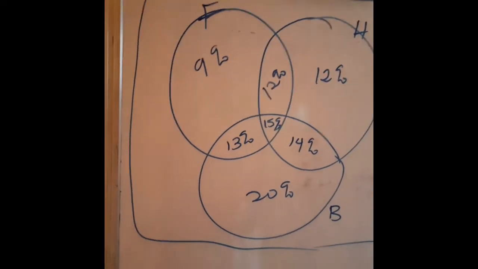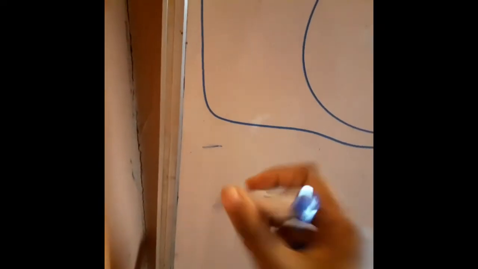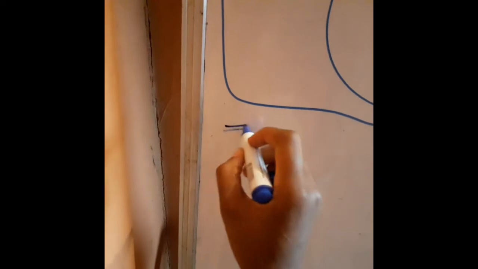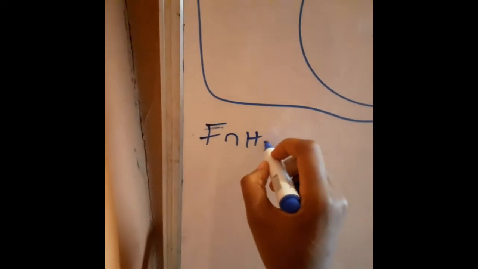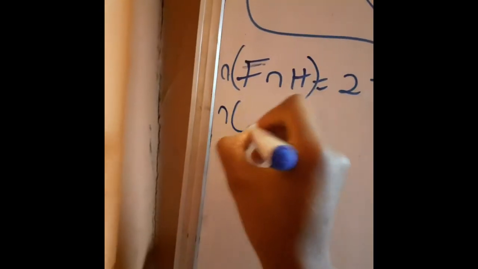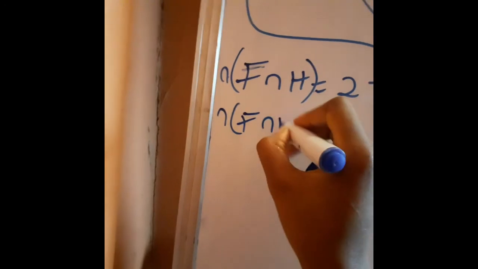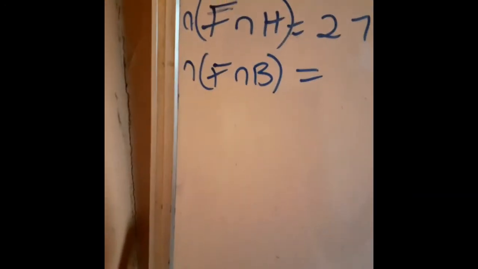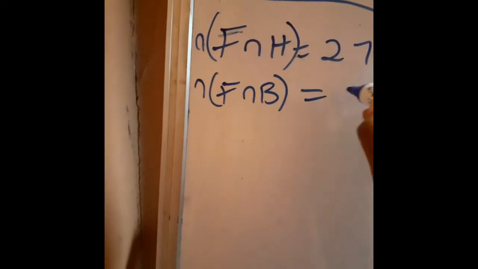So let me explain how I got this one. From the question, you know that F intersection H, they gave us 27%. And this F intersection B, they gave us 28%.